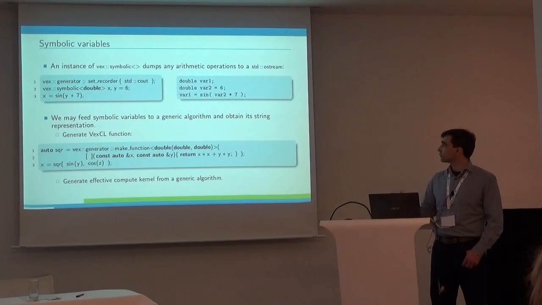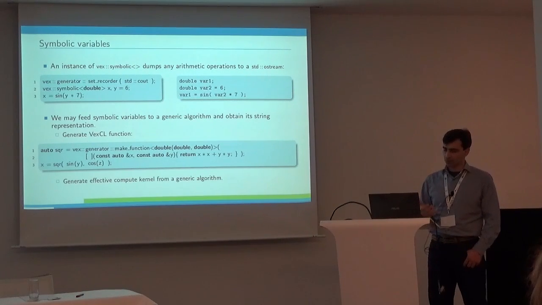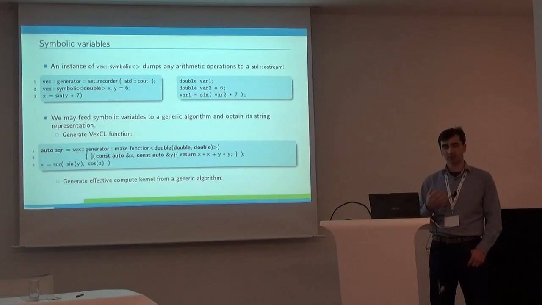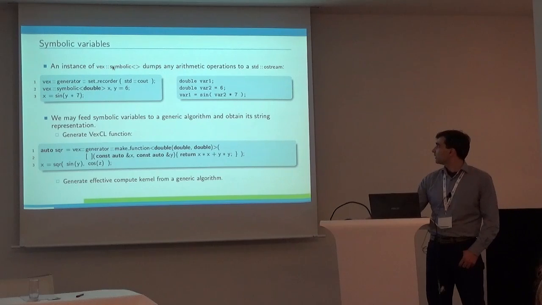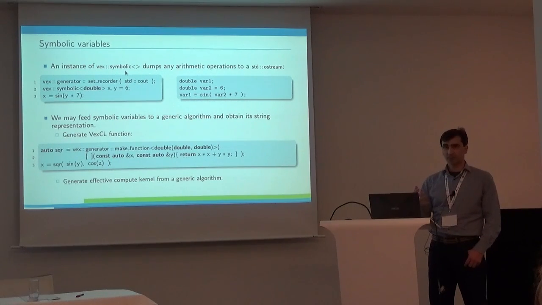And also there are symbolic variables, which you can use to record a generic C++ algorithm to get source code out of it. So if you define an instance of a symbolic type and you apply some arithmetic operations to it, it does nothing except that it dumps the arithmetic operations it is being subjected to, to the output stream.